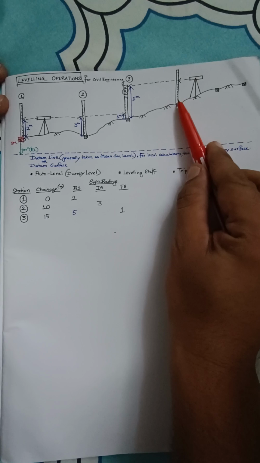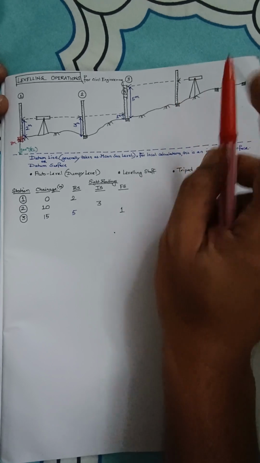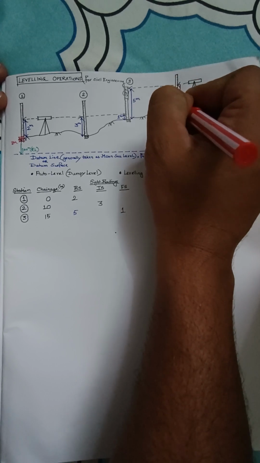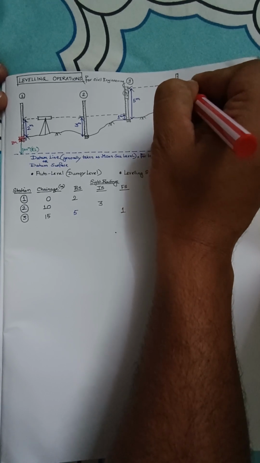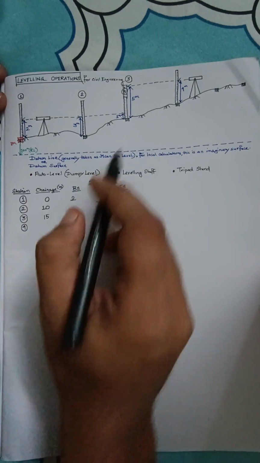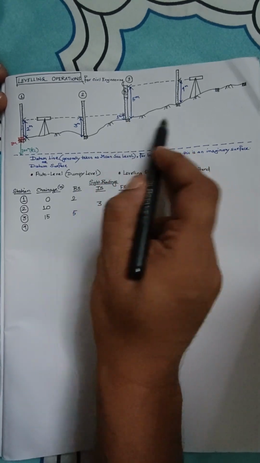This is 5 meters. Obviously, this looks less than 5 meters. Say we call it 4 meters. So this is the new setup, station number 4, and say this distance is again 5 meters.